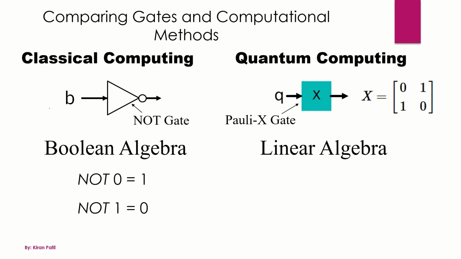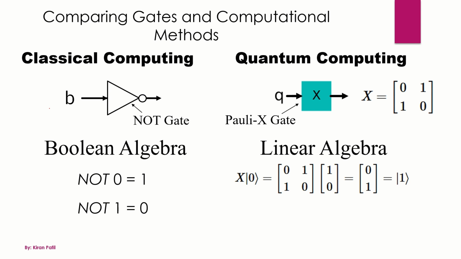When I operate the X gate on ket 0, I will simply write the matrix form of the X gate and multiply it with the matrix form of ket 0. So ket 0 is given in a matrix form like this, 1 and 0. When we multiply these two matrices, we get the output 0 and 1.